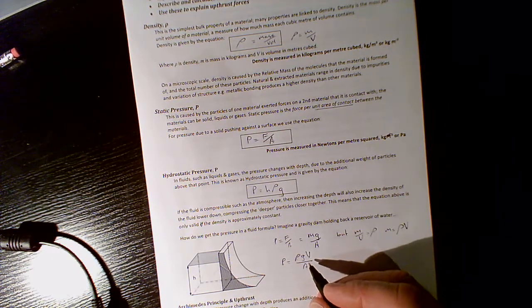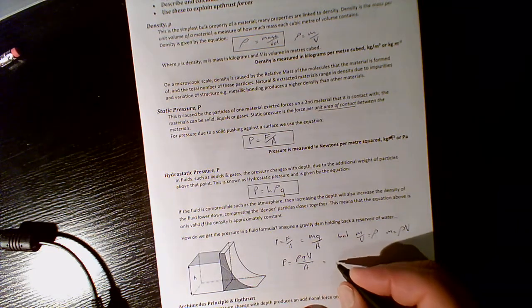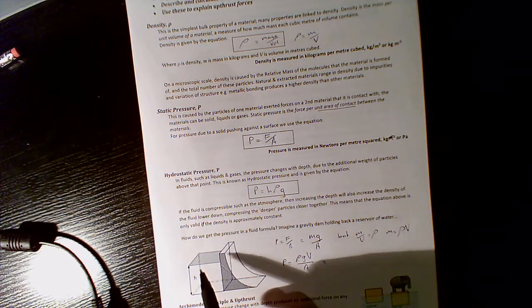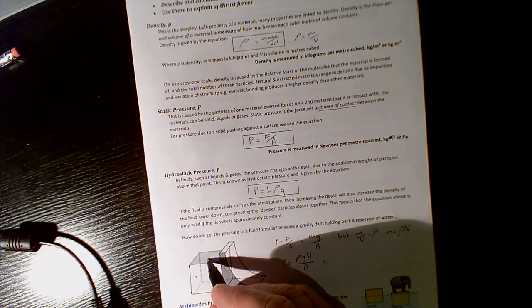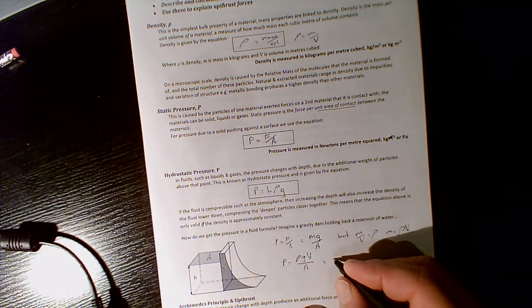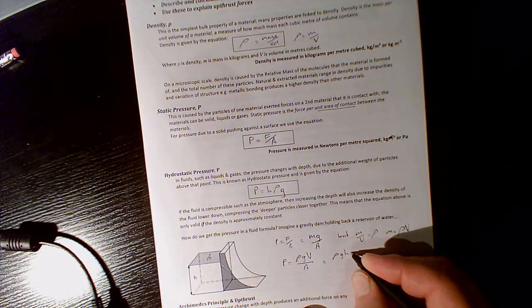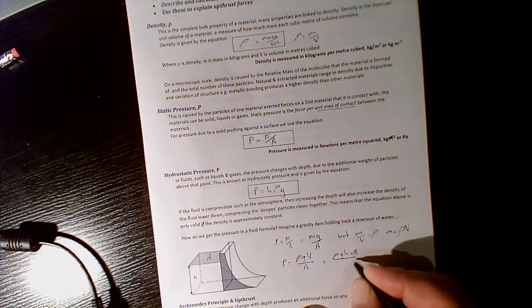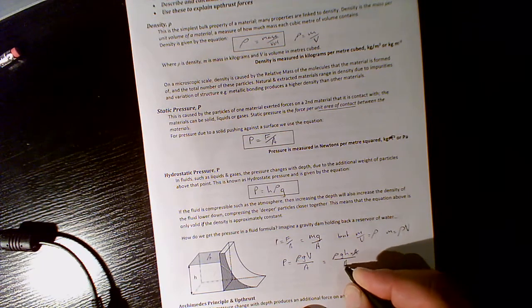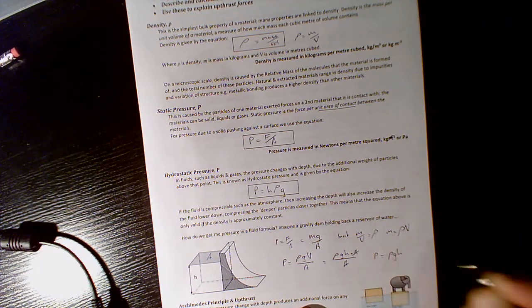Well, if we want the volume of the liquid here, then we just simply need the height of water and the cross-sectional area. So again, area here is important, but that height will give us the whole volume. So rho g height times area divided by area, which of course cancels out, and so we end up with P equals rho g h.